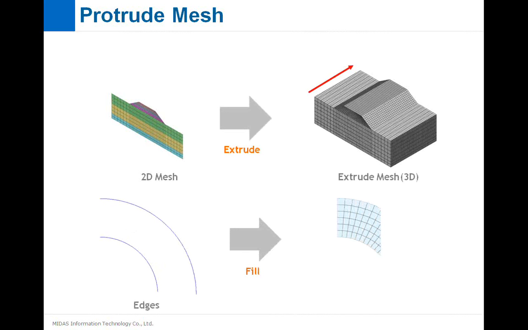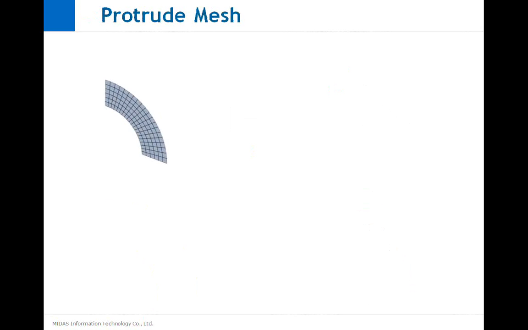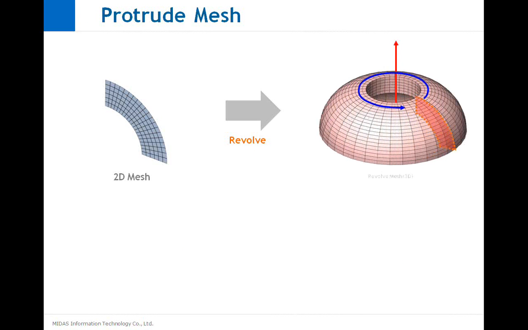Even you can use the protrude mesh feature. Just specify the edges, specify the size controls, and fill the meshes in between those edges. From a 2D mesh, you can use the revolve feature and create a 3D mesh.